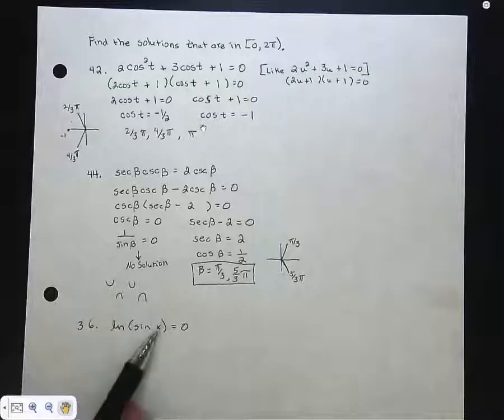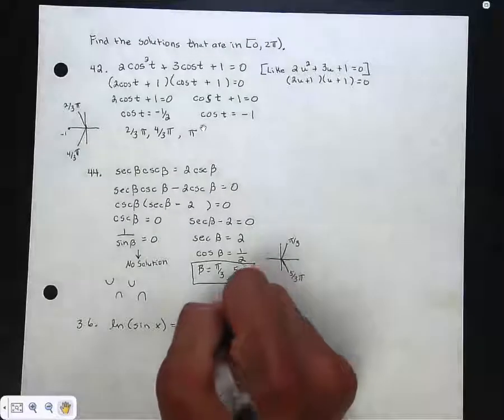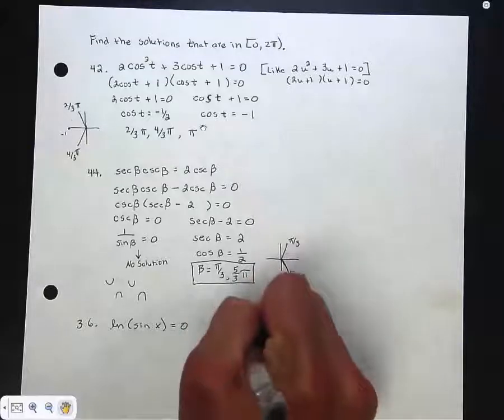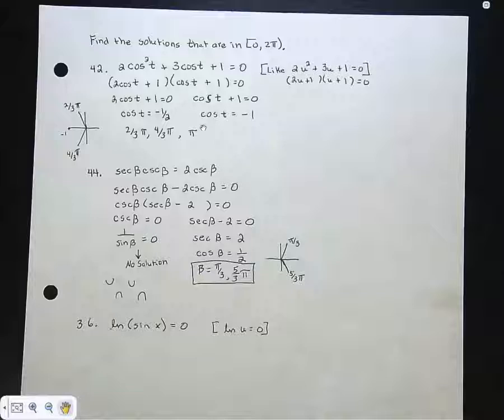I'm looking for the angle that if I took the sine of that angle and then the natural log of the sine of that angle, it would give me 0. I think my head might explode unless I just look at that as being natural log of ugly equals 0. Where's natural log 0?